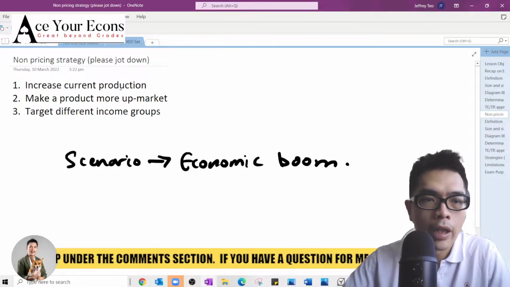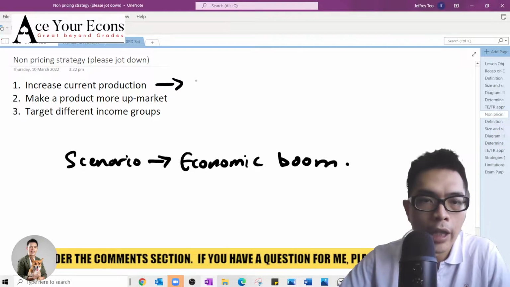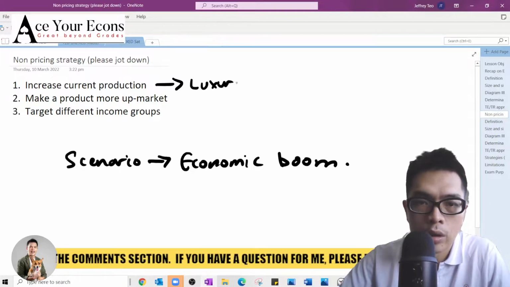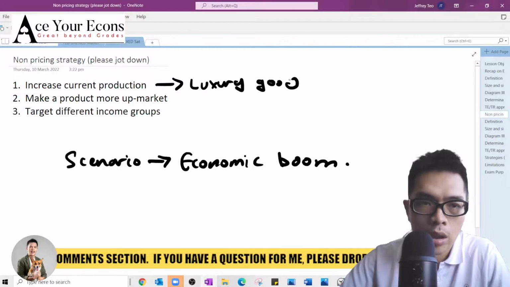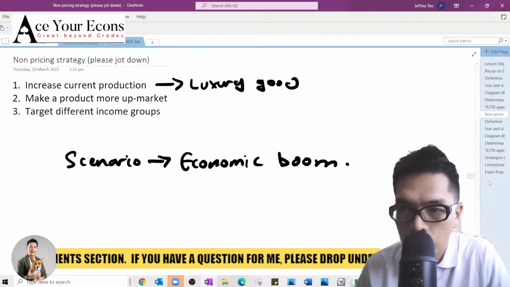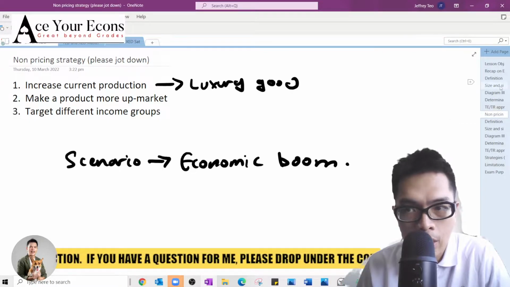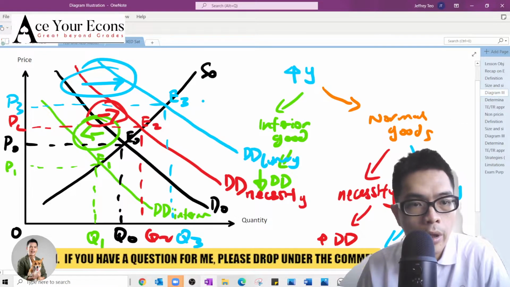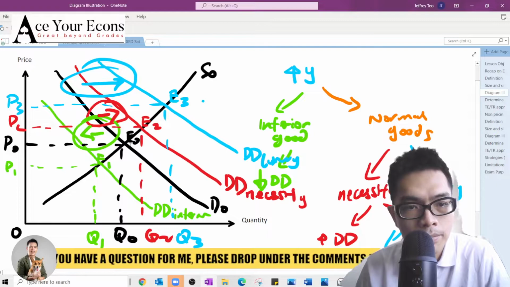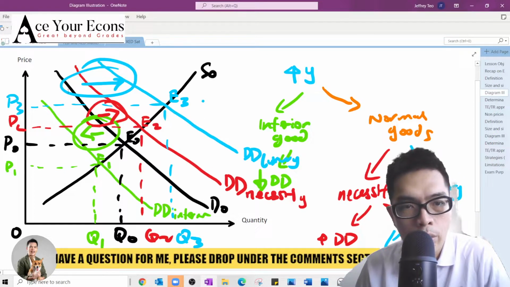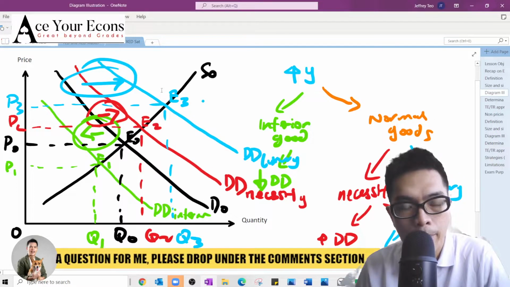Okay, so what they can do is they can step up production in their luxury good. Okay, please copy this down. It's not in the book. Okay, so it's going to tie in nicely with what we have covered earlier on. Remember? When there is an increase in household income, you want to shift the demand curve significantly more to the right.